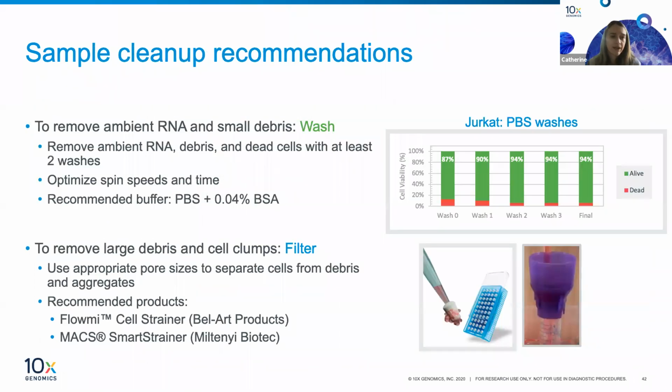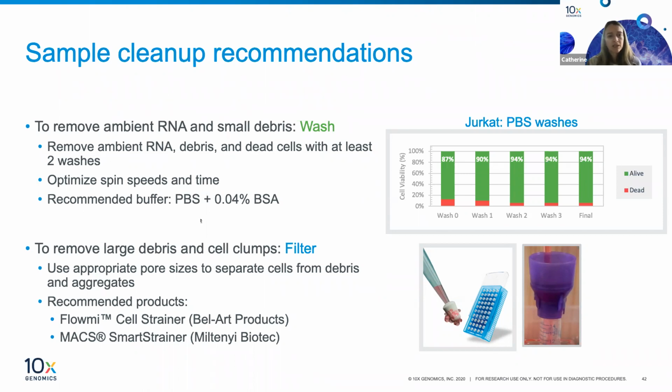We always recommend doing some washing and filtering of your cells for our single cell solution. Washing will allow us to remove ambient RNA and small debris. We ideally want to do 2 washes if that's possible based on your sample number and the stability of your cells. You're going to have to optimize the spin speeds and the times of those spins to make sure you maintain your cell population.